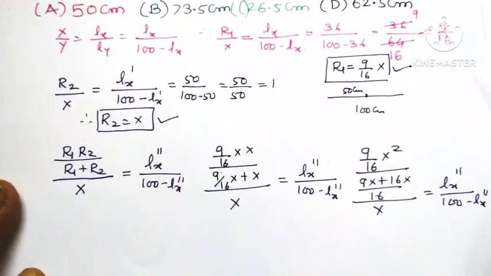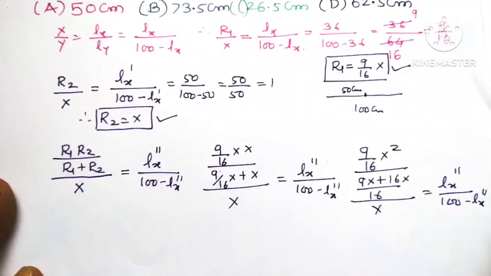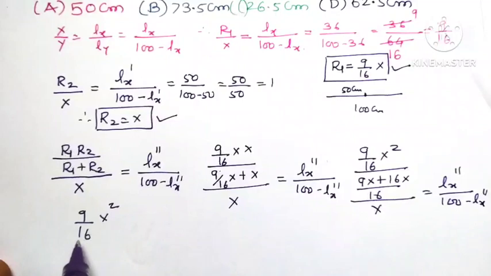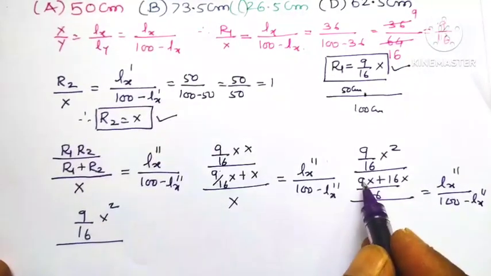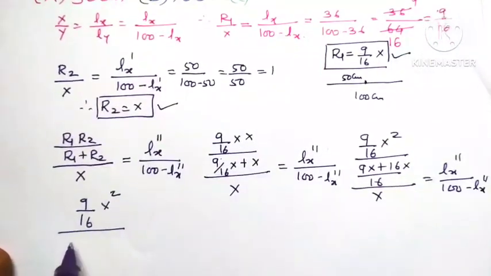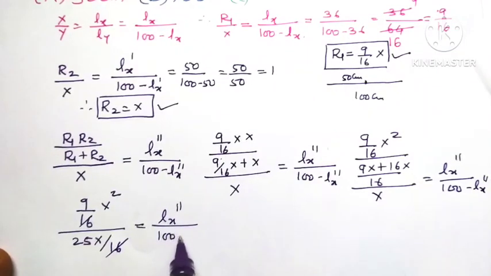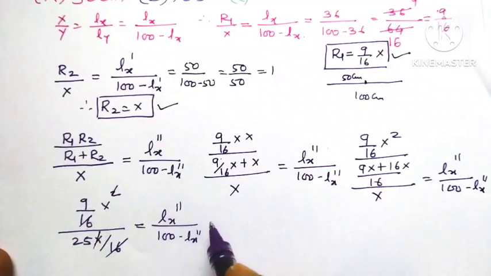Now see here, 9 by 16 x square divided by 9x plus 16x over 16, that is 25x divided by 16. This 16 gets cancelled with 16, and x gets cancelled with x.